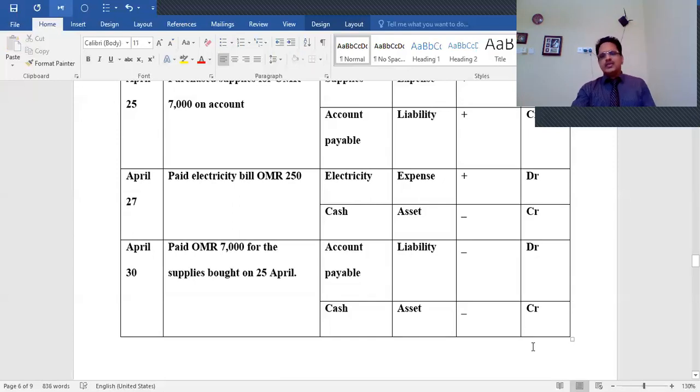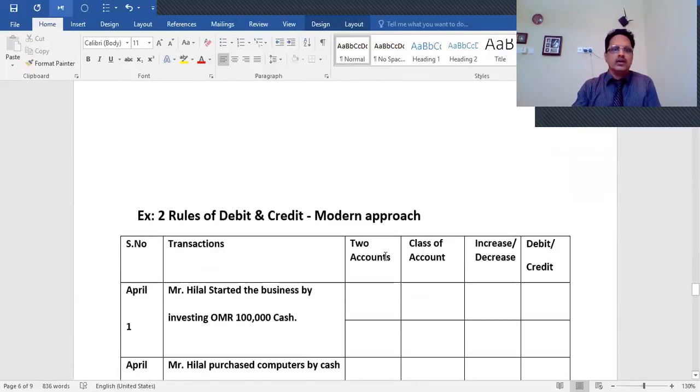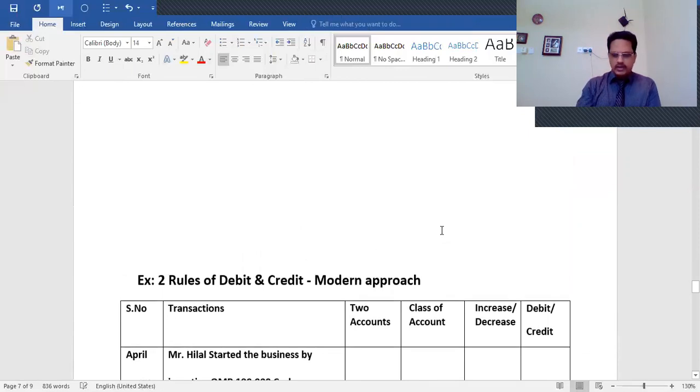Then another thing you have to understand, as I told you in the beginning: if after your interpretation of a transaction you are getting two debits or two credits, it means there is a mistake. You can review and get the correct interpretation, and you will get the correct debit and credit. So this is one set of transactions we have done.